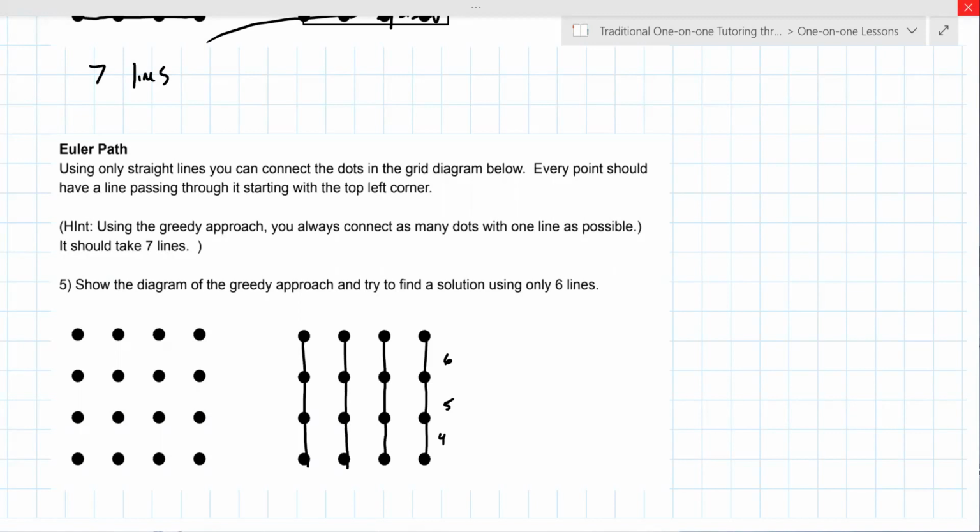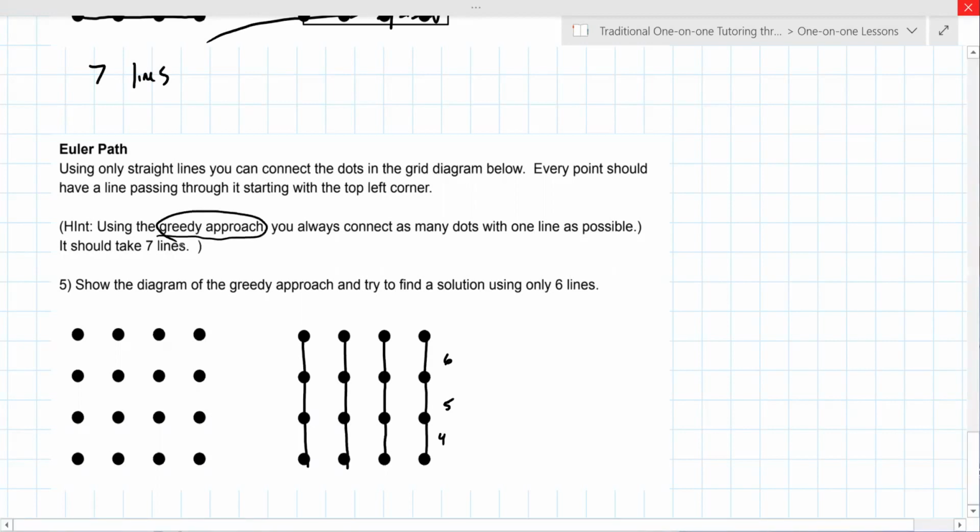Every point should have a line passing through it, starting with the top left corner. I think they have to pass through each other, so I don't think that one would work. Well, there's no way to do it in less than 7, which is why it says the greedy approach.